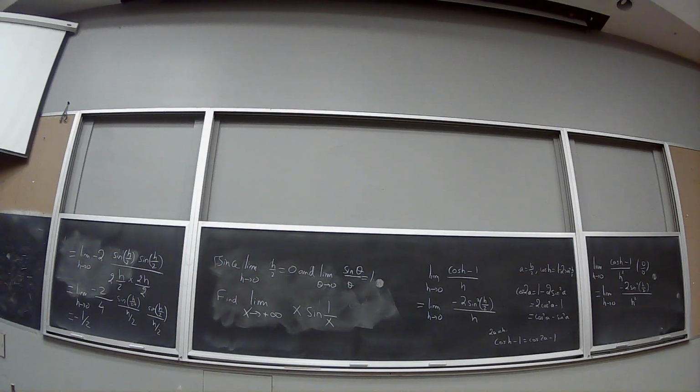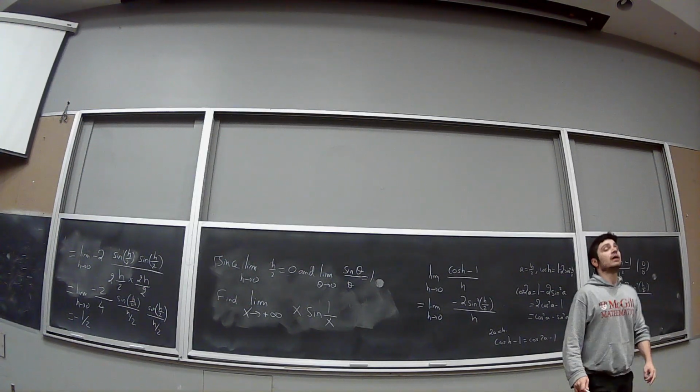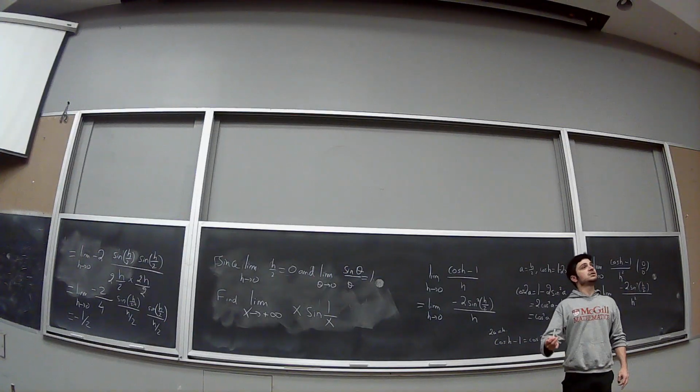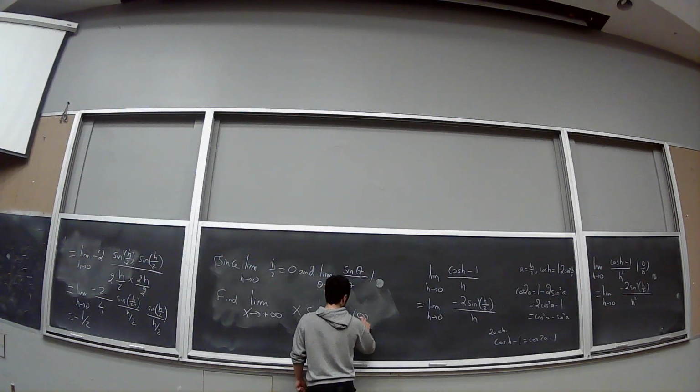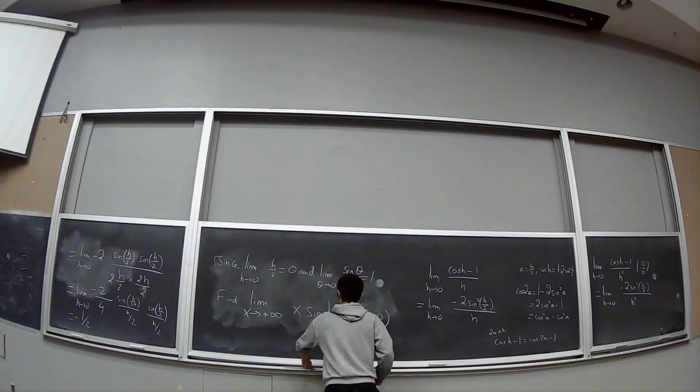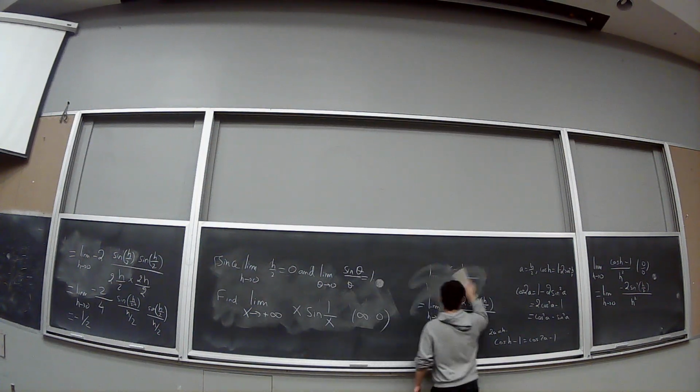First, I try to plug in. Where does x go to as x goes to infinity? Infinity, right? Sine 1 over x, where does it go to? Sine of 0, which is 0. I have an infinity times 0. Can I determine what infinity times 0 is? Infinity times 0 is an indeterminate form. Great. Now what do you suggest doing?